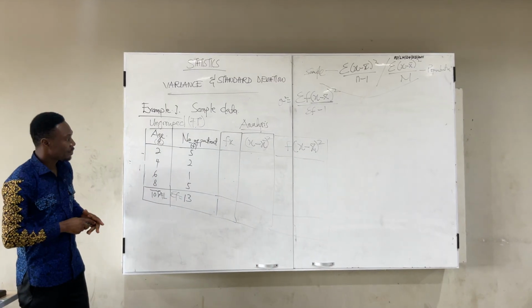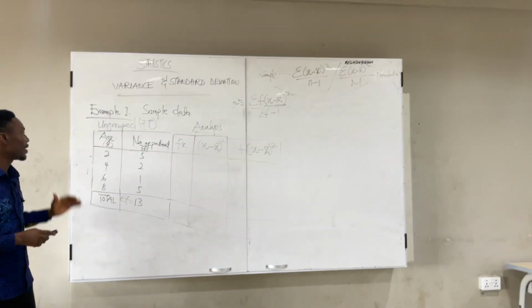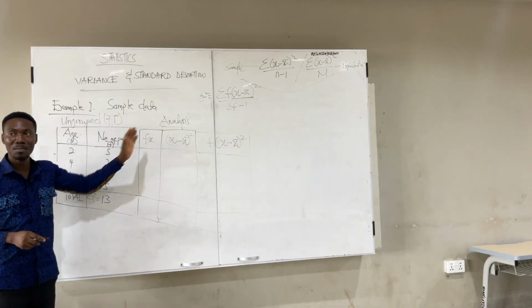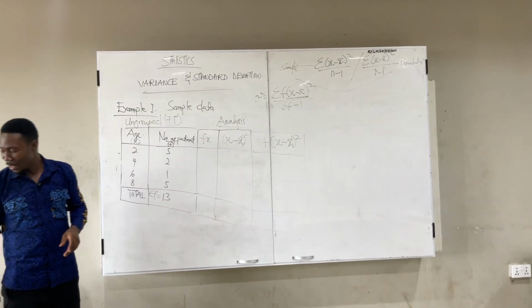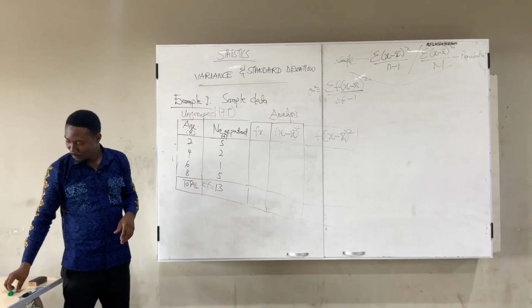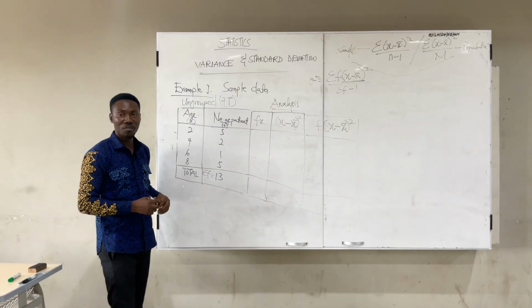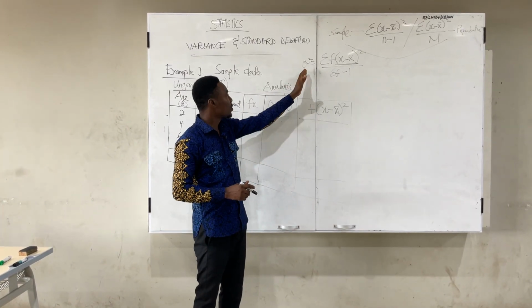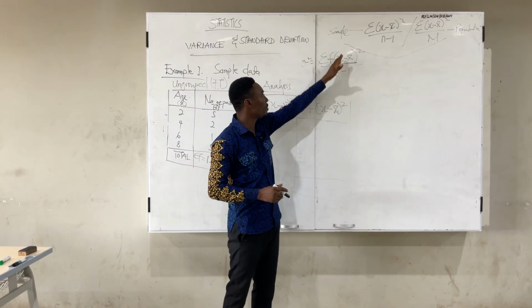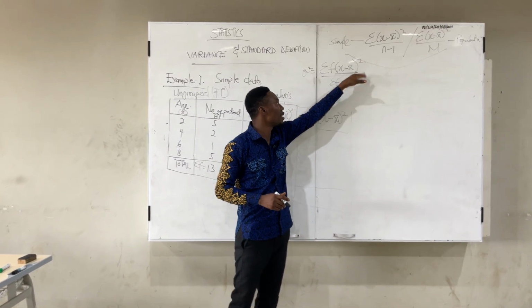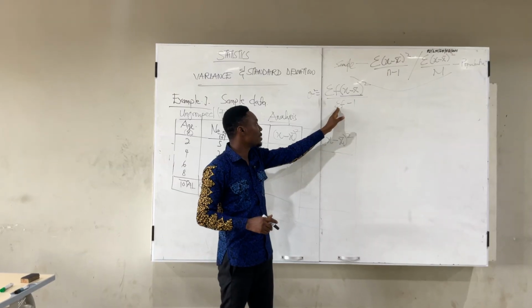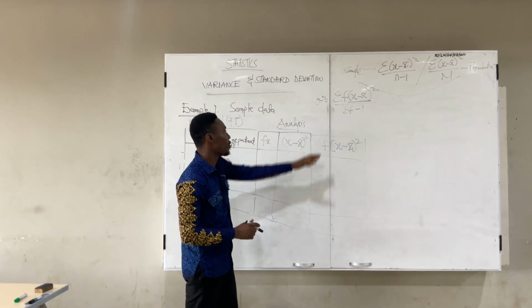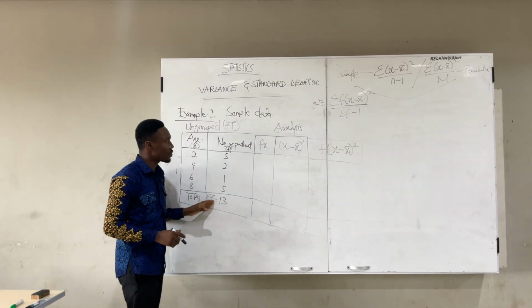Remember, anytime you are given an ungrouped frequency table to calculate the variance and standard deviation, the first thing to do is state the formula. So the variance formula is equal to sum of f into bracket x minus the mean, close the bracket, squared, all over sum of f minus 1. And sum of f is the total frequency. We have that over here.